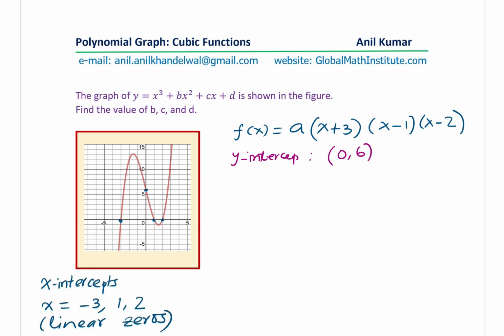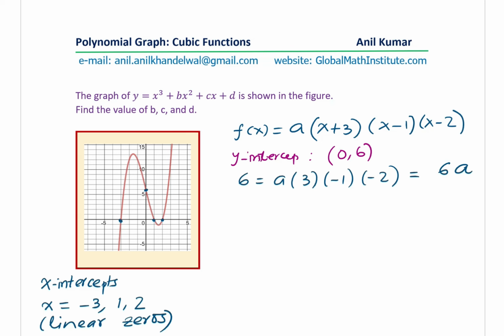So when you substitute x equals 0 and f of x as 6, we can get the value of a. We get 6 equals a times (0 plus 3) times (0 minus 1) times (0 minus 2), and that is equal to positive 3 times 2, which is 6a.